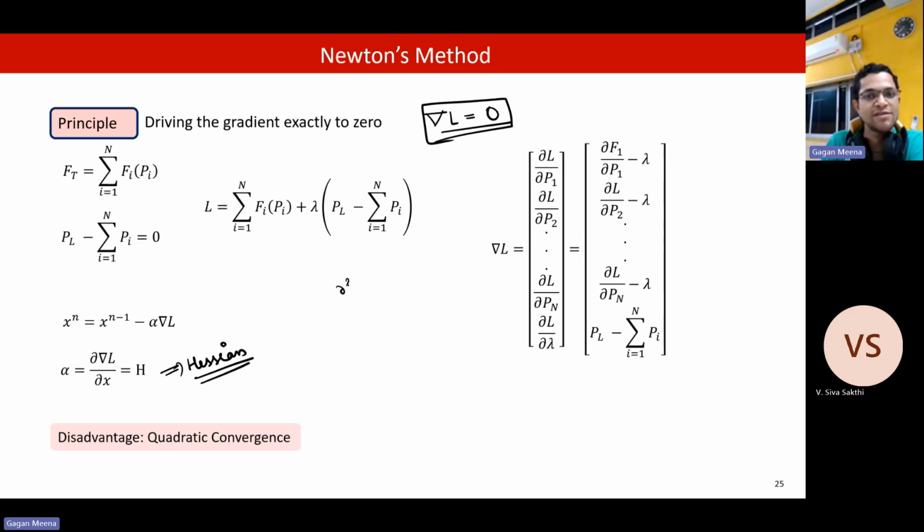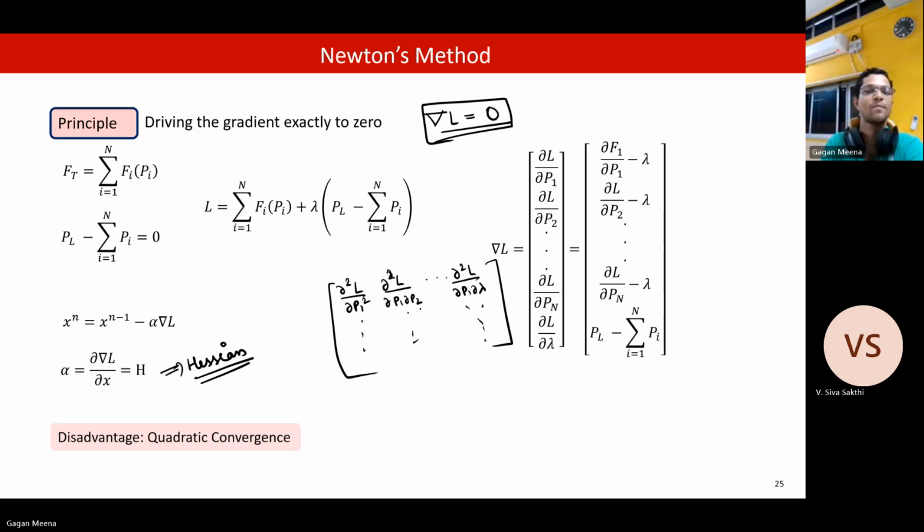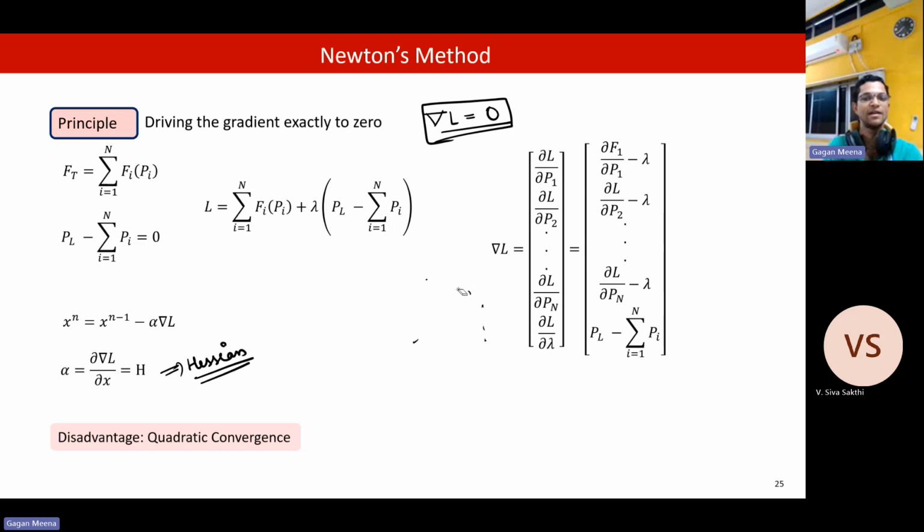So it will become del square L by del P1 square, del square L by del P1 del P2, similarly del square L by del P1 del lambda, and so on. So this will be the structure, and similarly all the terms. It will be a square matrix.